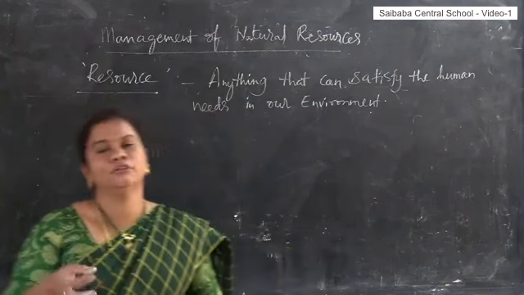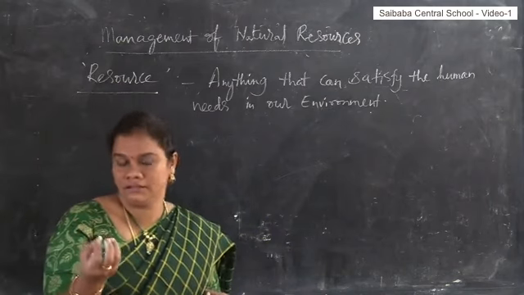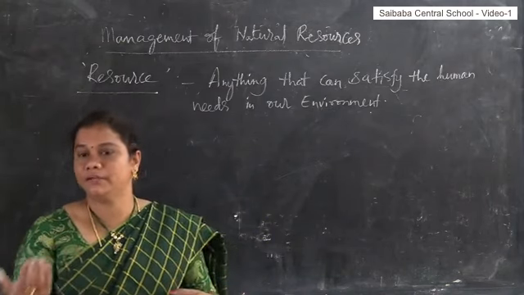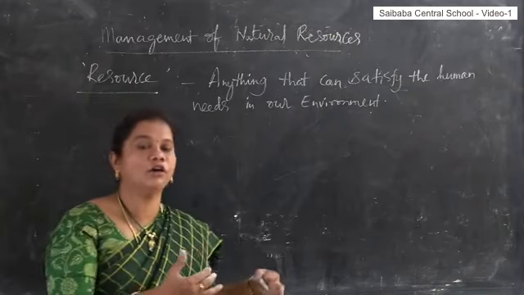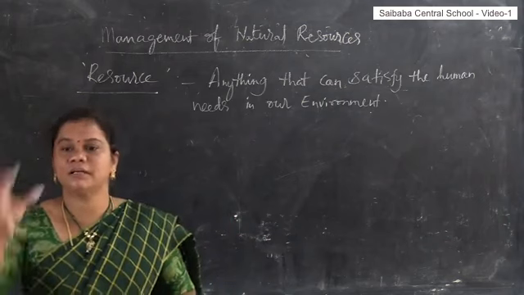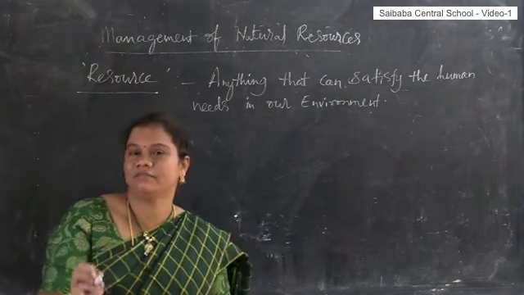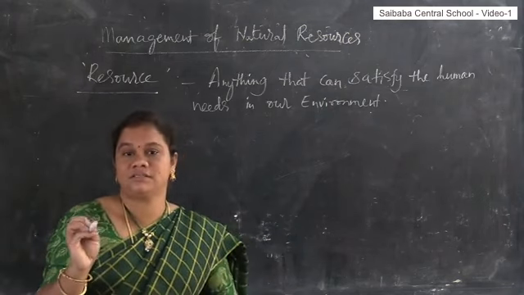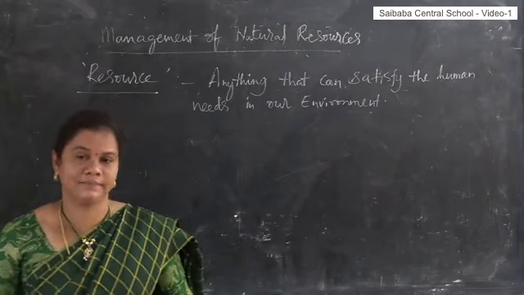Anything, it may be a food item, or a machine, or a road, or a building, or air, or water which is provided by nature. That particular thing which is present in our environment must satisfy our needs.